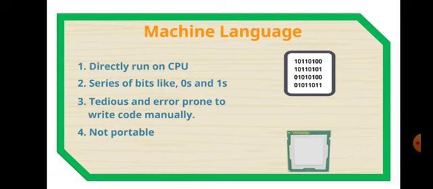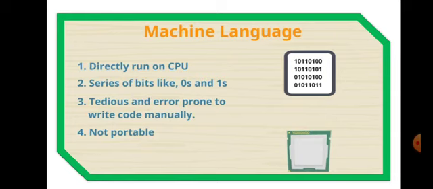Number 2, series of bits like zeros and ones. The term bit comes from binary digit. First letter B, second letter I, and the last letter T from the binary digit is taken as bit, and the bit is in the form of 0 and 1.